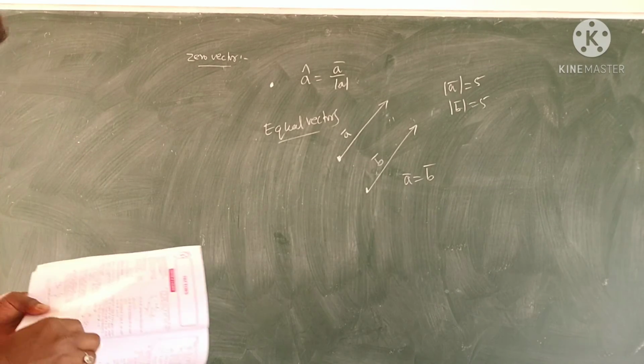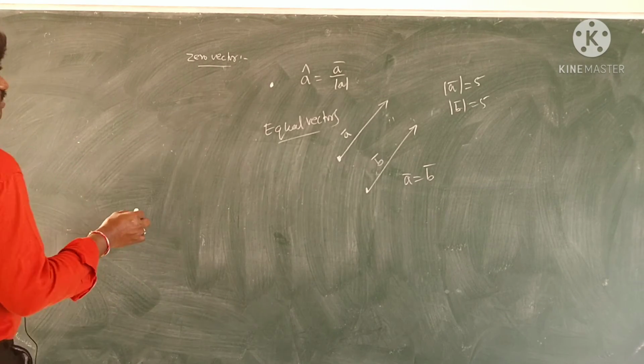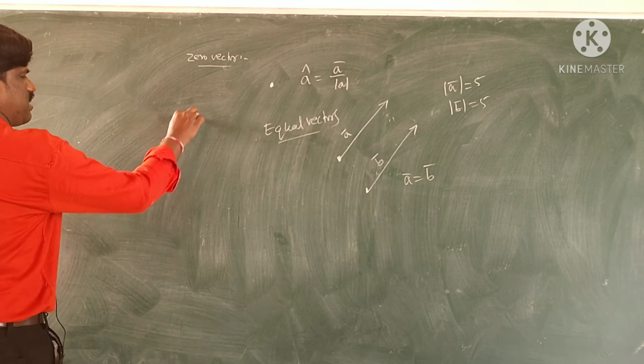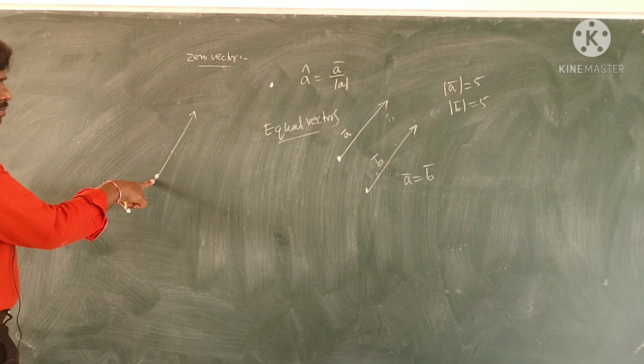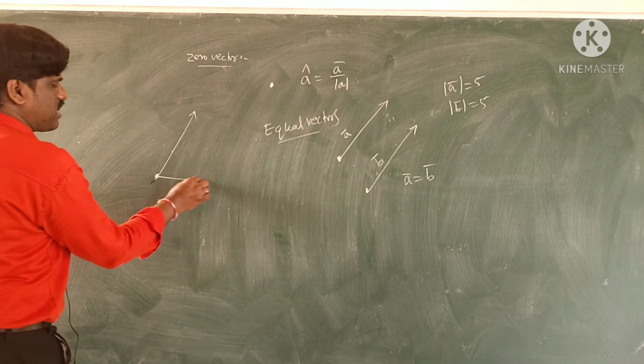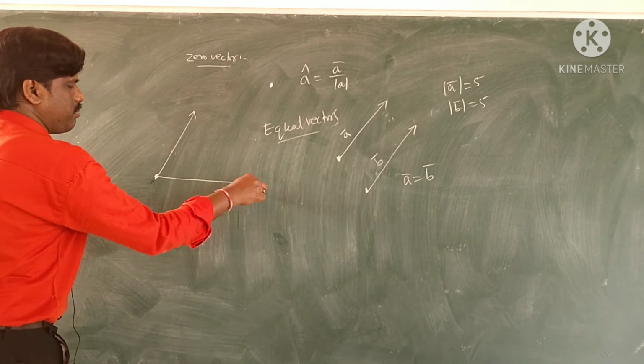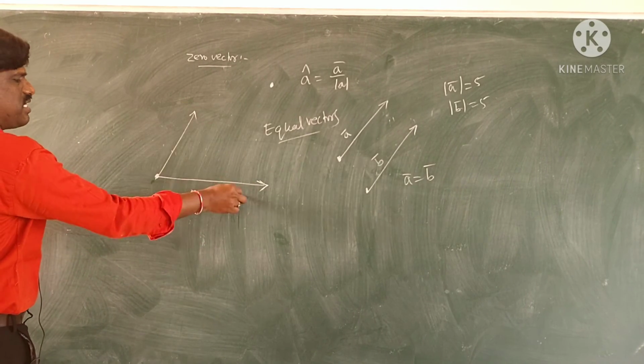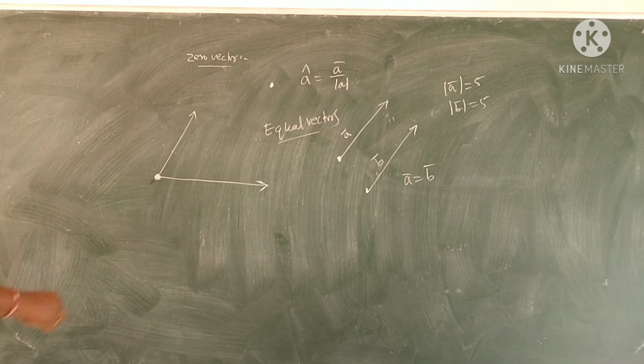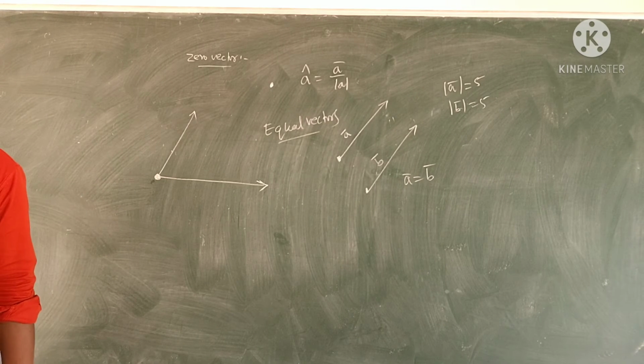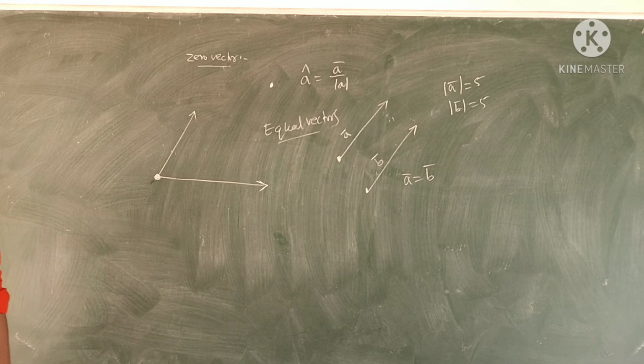One more thing, co-initial vectors. Co-initial vectors means this is a vector with its initial point here, and another vector has its initial point also here. Both vectors have the same initial point, so they are called co-initial vectors.